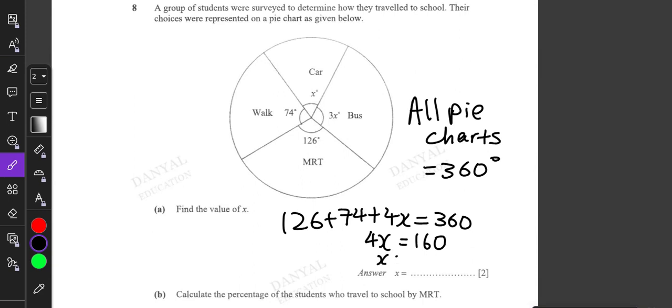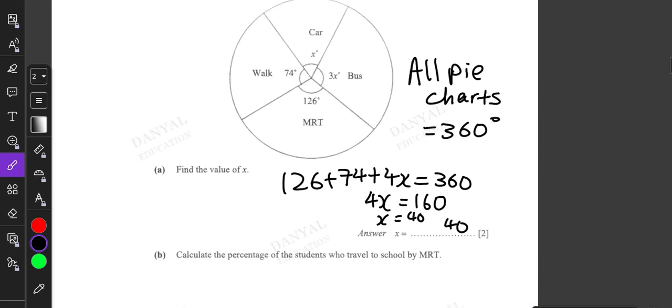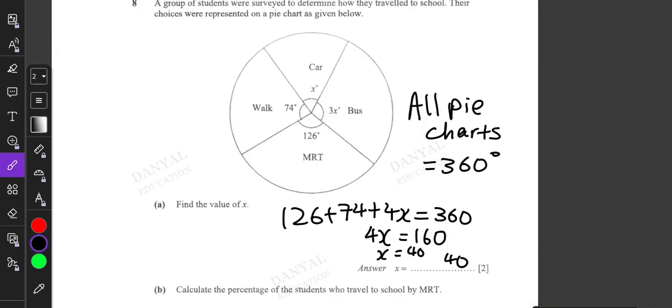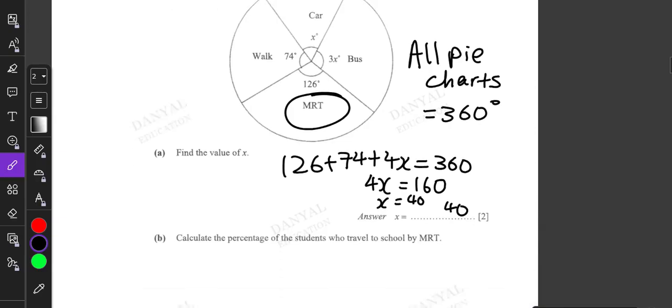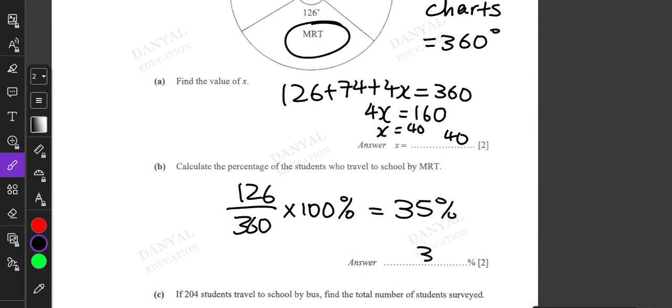What is x? x will be 40. Calculate the percentage of the students who travel to school by MRT. You need to look at MRT. It's 126 degrees, so it will be 126 over 360 times 100%. You should get 35%.